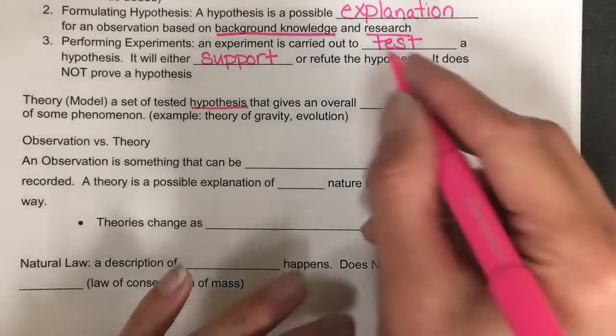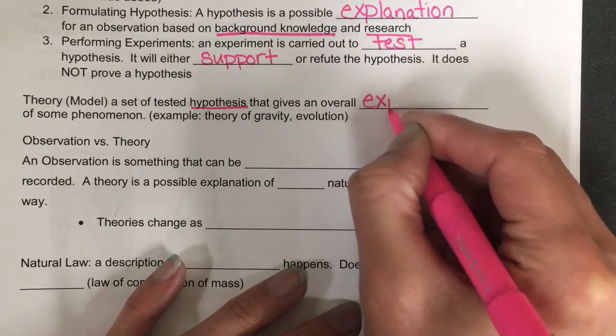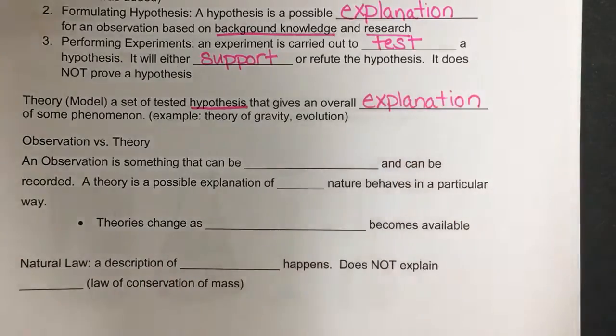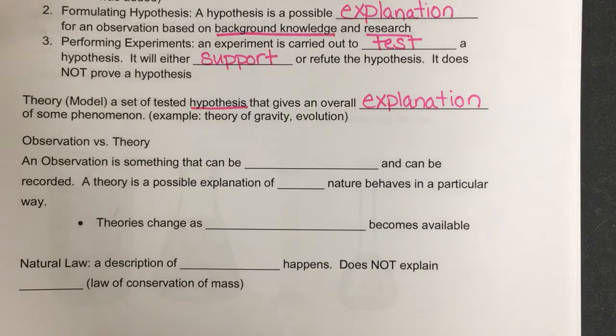And what it's going to do is give us an explanation of some type of phenomenon. So for example, we've got the theory of gravity. Now, when I say gravity, everybody says, oh yeah, gravity's a thing, it exists, but that's because we've tested it and tested it and tested it. So theory doesn't just mean, oh, it's somebody's idea of what should happen. It has to be based on lots and lots of tests, okay?